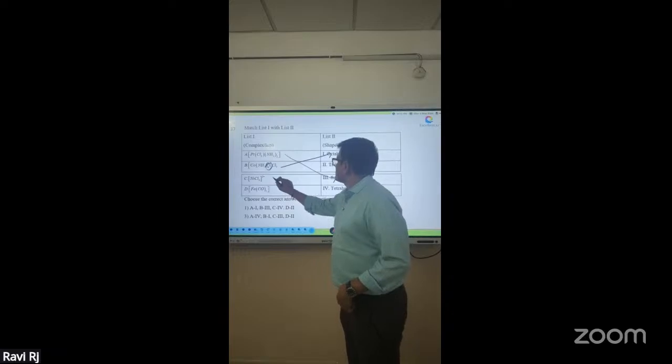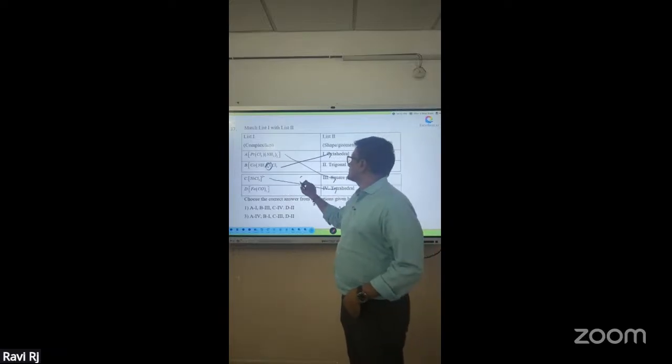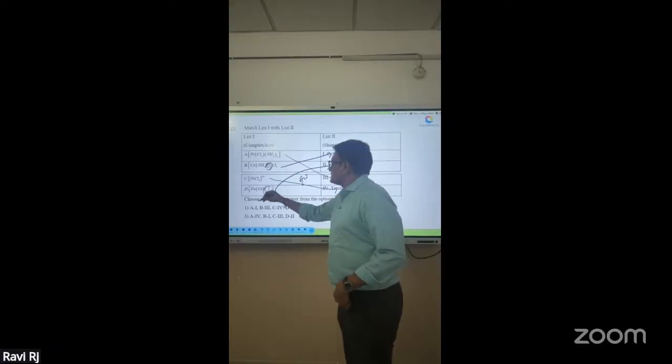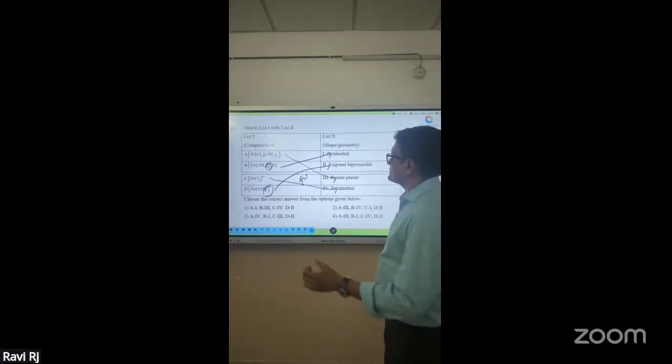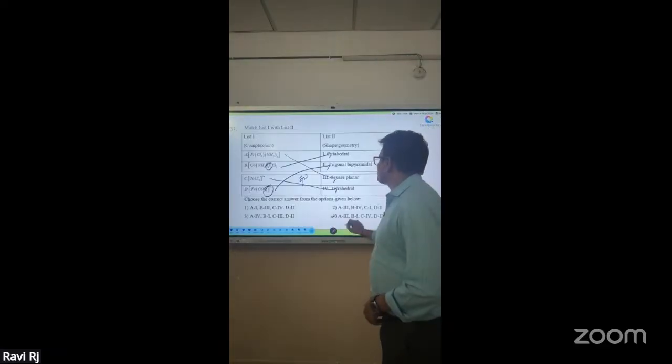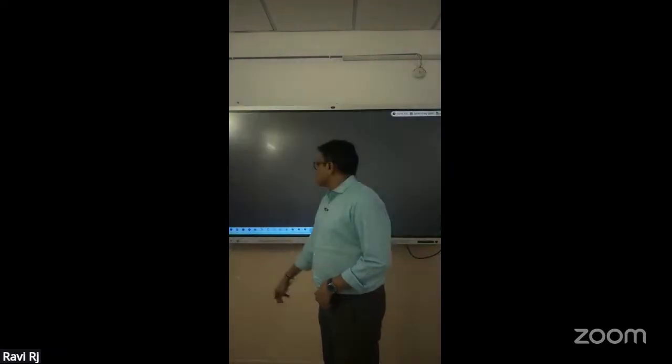Then this is tetrahedral because there is a weak field ligand, sp3 hybridization. Then the remaining is trigonal bipyramidal because the denticity is 5. So you can see what is matching with that. All right, so A is 3, then B is matching with 1. So you can see option 1.